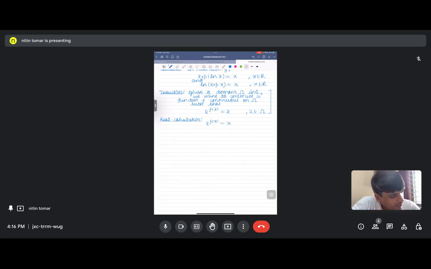And this f(x) I can take as ln|x|. Not exactly correct, because x can be negative also, but I'm trying to write.